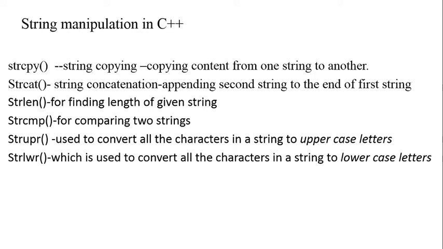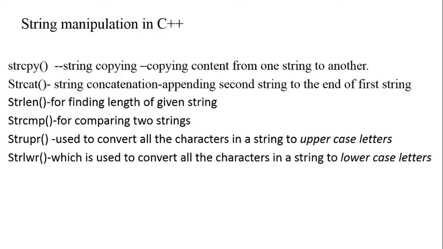So in order to use these functions in our program, first of all we need to include that particular header file using #include <cstring>, just like writing #include <iostream>. So here we need a particular extra library, that is the C++ library cstring.